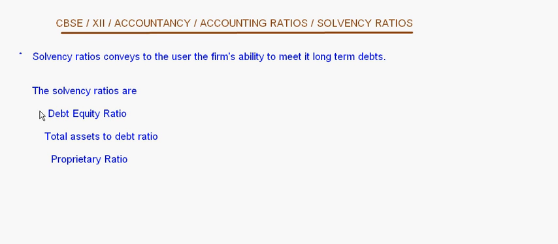So here we have written this: solvency ratios convey to the user the firm's ability to meet its long-term debts. Fine. Now the important solvency ratios are the debt equity ratio, total assets to debt ratio, and the proprietary ratio.